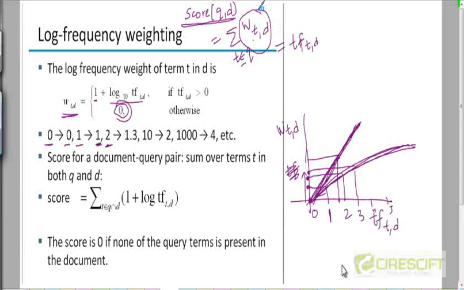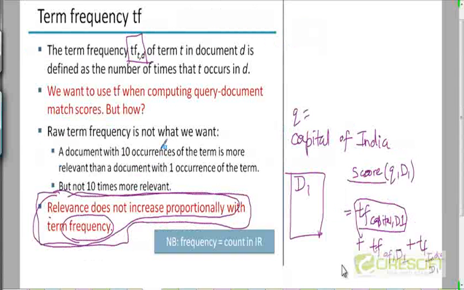Okay, and this could be defined very simply as just this particular score between a given term and a given document, which is how much weight we are giving to the occurrence of a given query term in a document, could be defined as just the term frequency, or how many times that query term is appearing in the document. Or more realistically, we have to come up with a score which does not increase proportional to the term frequency.